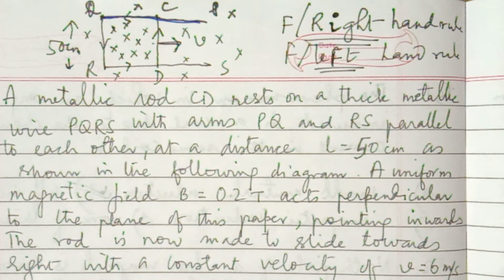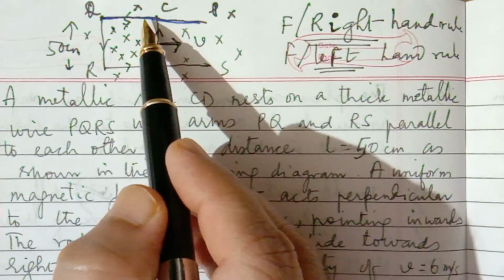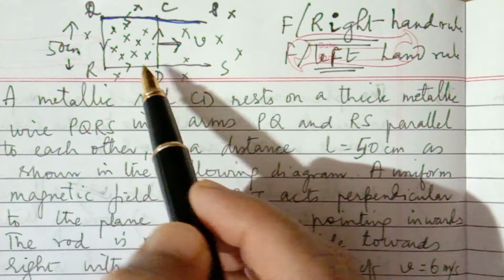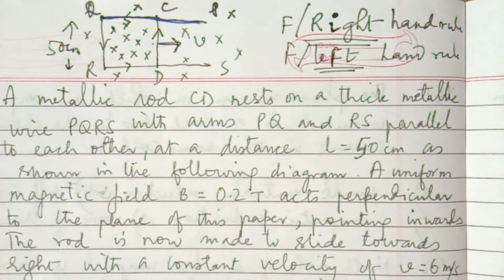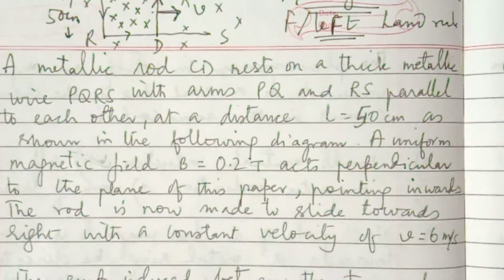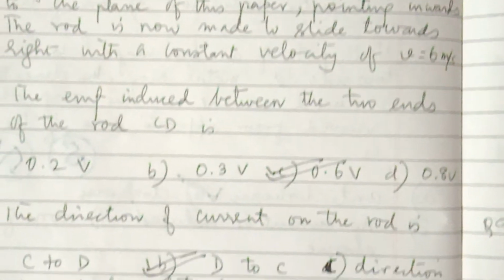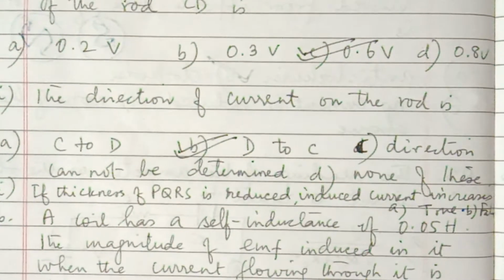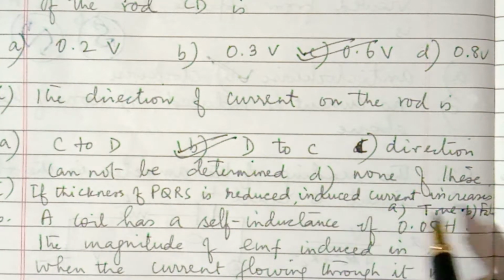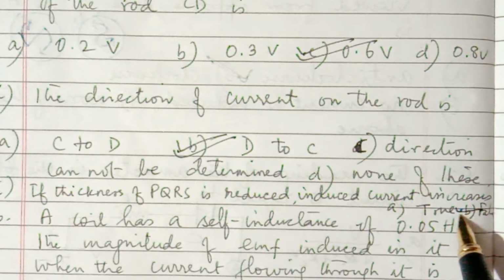A thinner wire will have more resistance, so this portion will have higher resistance, and current will be reduced. Here it is given that induced current increases, so the answer is false.